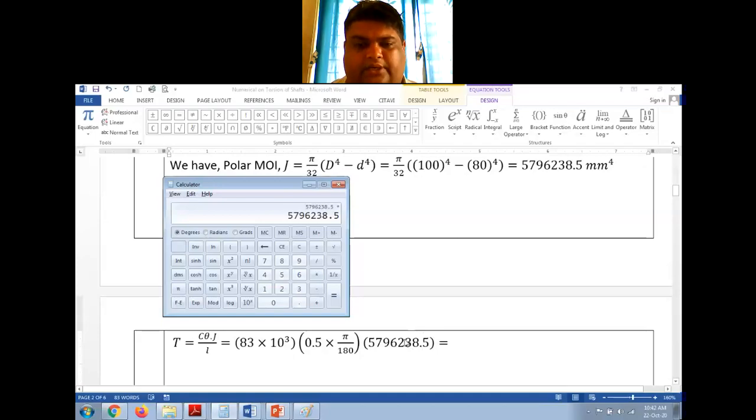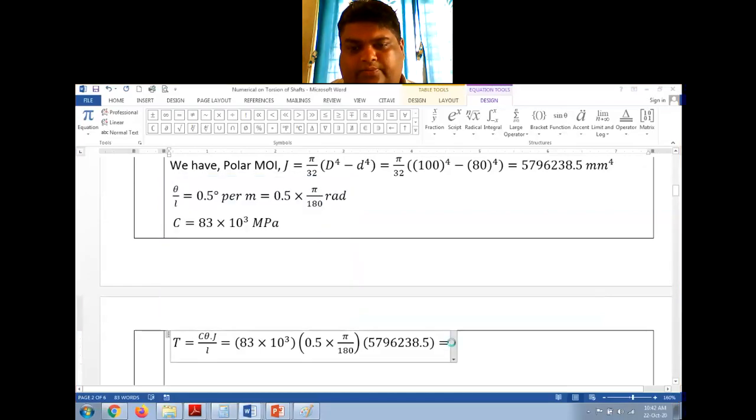This into pi into 0.5 by 180 into 83,000. Okay, so this is the torque.